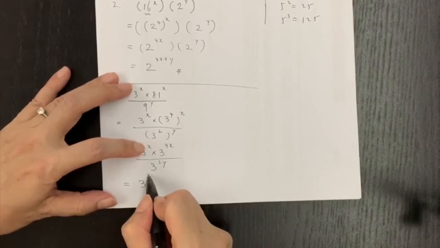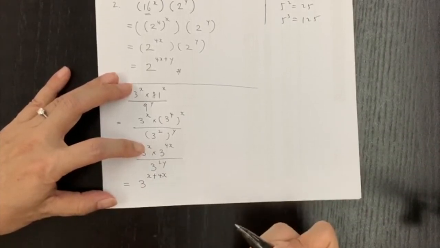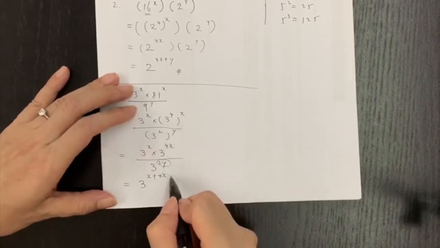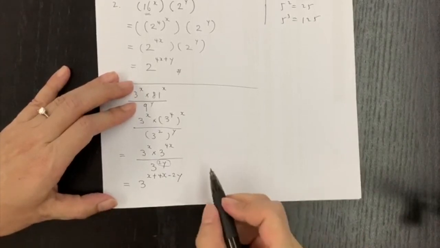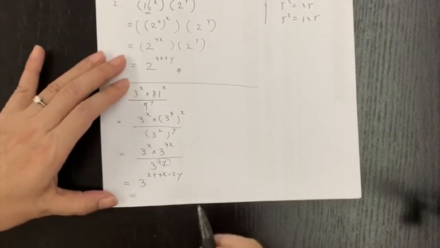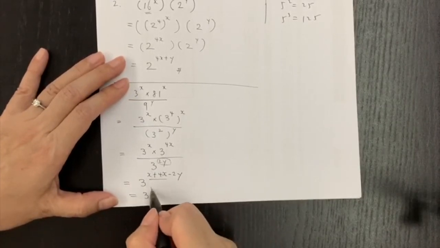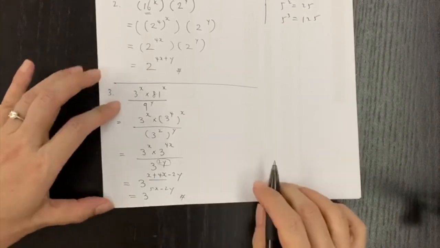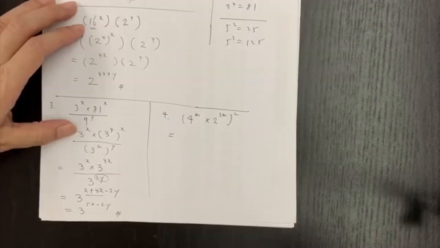Which index do I use? I use the plus, right? And what about the one on the bottom, minus 2y? So move it up, that will be minus 2y, like that. So the final answer will be 3 to the power x plus 4x, that is 5x, and minus 2y. So this is how we do simplification in this situation.